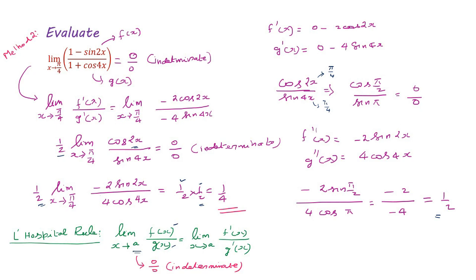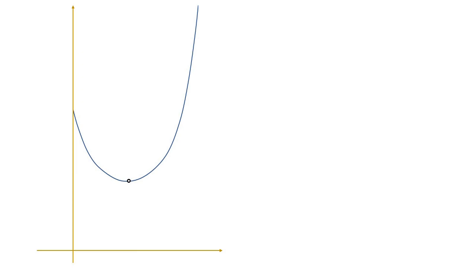So we can now look at the graph. This is the graph of the given function, that is 1 minus sin 2x by 1 plus cos 4x, x-axis, y-axis. When x is 0, the function gives you the value half.